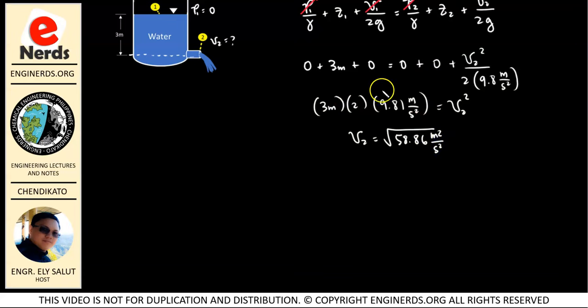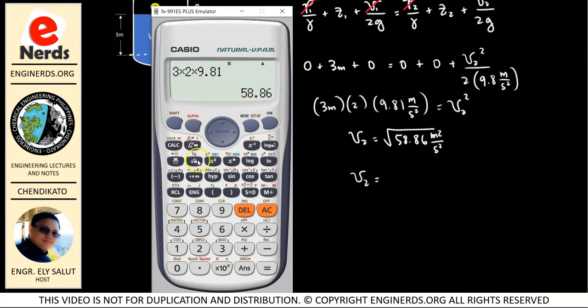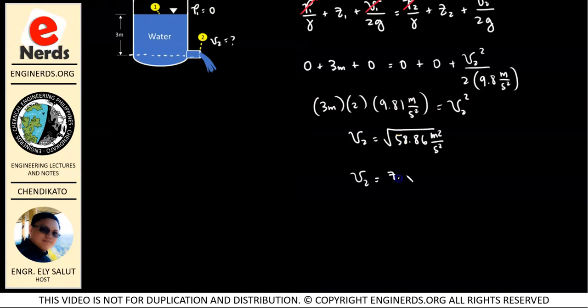So, unit natin here, meter times meter will be meter squared. So our velocity at point 2 is equal to the square root of 58.86. So we'll have the square root of, okay, our answer, which is 7.67 meters per second. So 7.67 meters per second. Okay, so now we got the velocity at point 2.